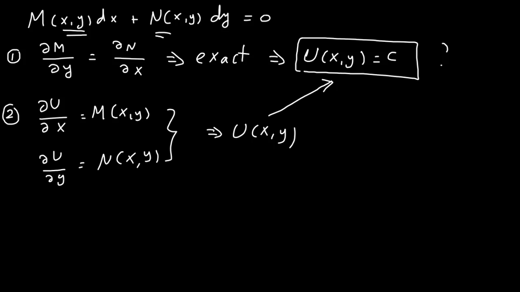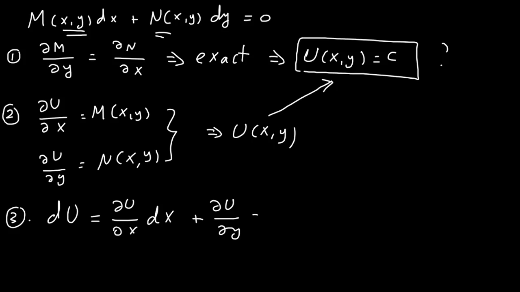And the last step that we need to do is to check for the solution, and to do this we differentiate this function that we get here. So we say du equals partial u by partial x dx plus partial u by partial y dy, and this will equal 0.